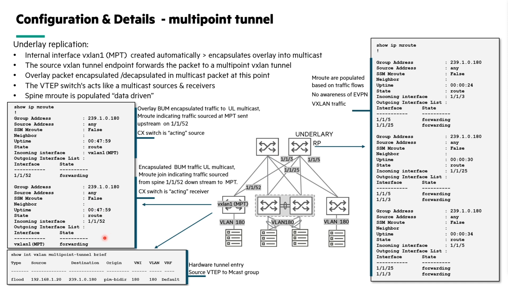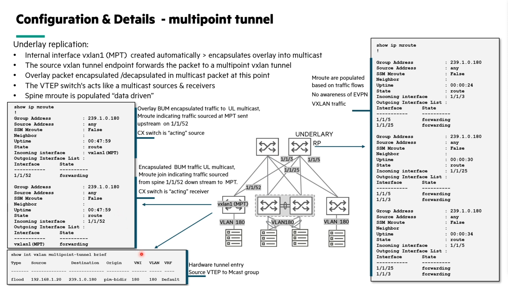And then we're forwarding on this VXLAN multipoint tunnel, and this is us acting as a receiver and sending it out to the local VLAN. So this is effectively the source and receiver action and the internal multipoint tunnel in action.